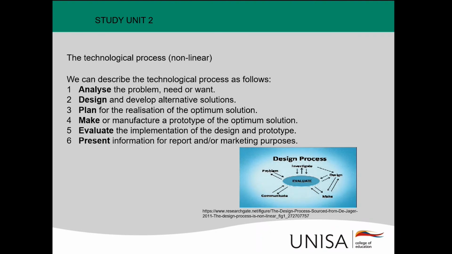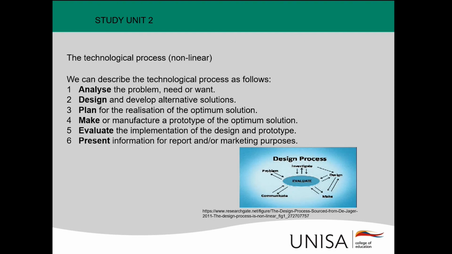So a technological process can be described as follows. We have analyze the problem, the need or want; design and develop alternative solutions; plan for realization of the optimum solution; make or manufacture a prototype of the optimum solution; evaluate; and also present the information for report or marketing.